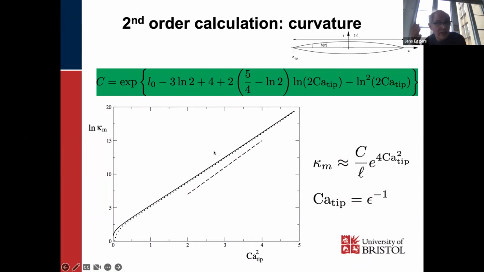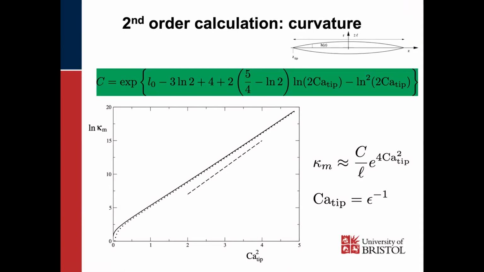It is a reflection of the more complicated structure of the interface, where you have a similar phenomenon in that you have a slope which is slowly varying on a logarithmic scale.